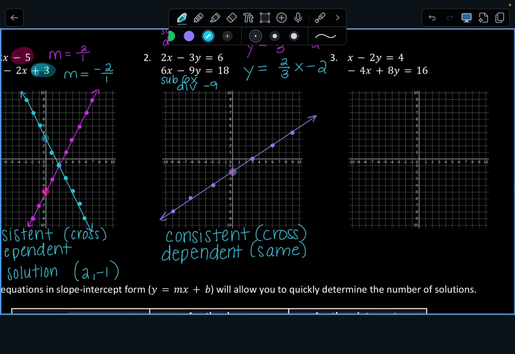This means there are infinitely many solutions. That symbol is infinity. Kind of looks like a sideways 8. Infinitely many solutions. Because those two lines cross everywhere.